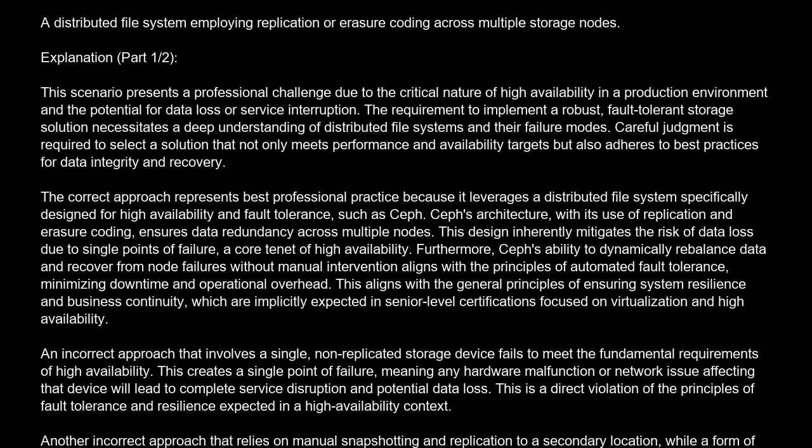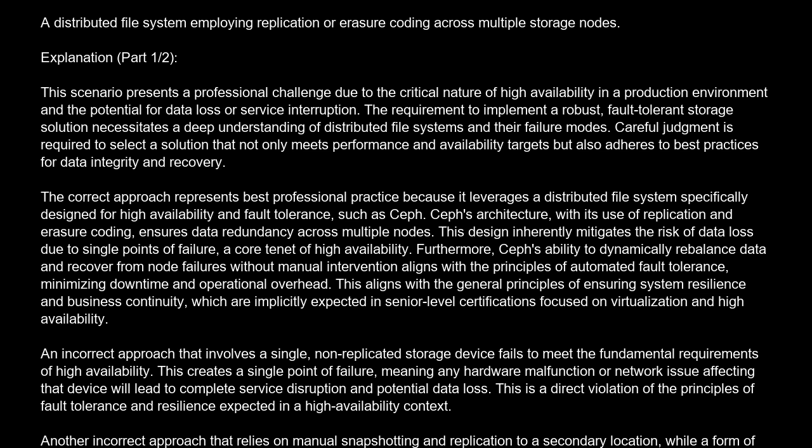The correct approach represents best professional practice because it leverages a distributed file system specifically designed for high availability and fault tolerance, such as Ceph. Ceph's architecture, with its use of replication and erasure coding, ensures data redundancy across multiple nodes. This design inherently mitigates the risk of data loss due to single points of failure, a core tenet of high availability.